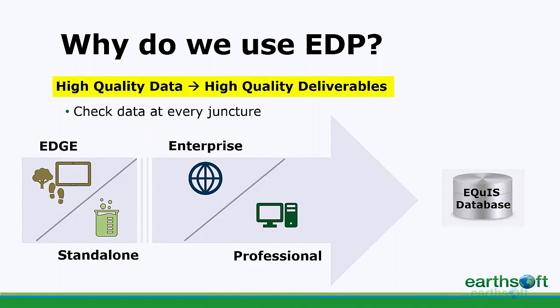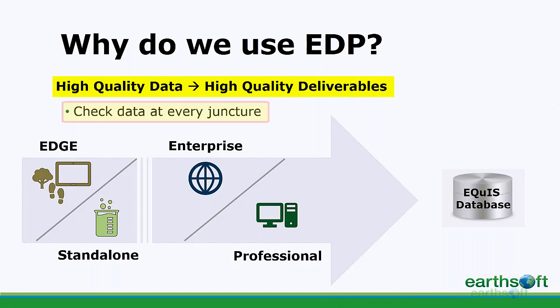So again, to reiterate, high quality data leads to high quality deliverables, and EDP enforces this by checking data at every juncture. So the graphic here, we have Edge or Field EDP and Standalone EDP, and then we have a bit of a space between enterprise and professional. This space represents the fact that Field EDP and Standalone do not deliver directly to the EQuIS database.